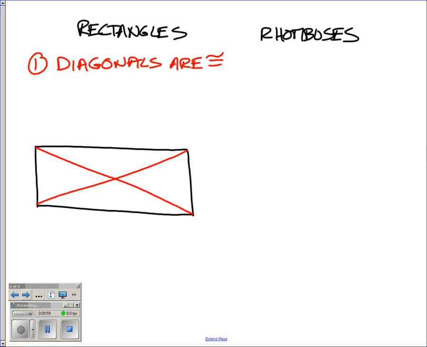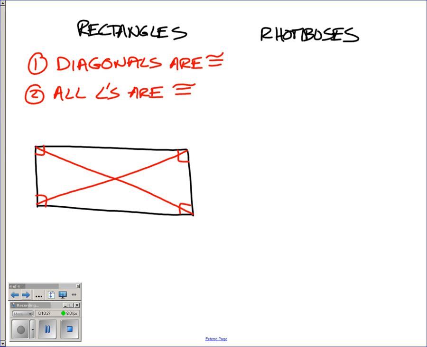We also know that all of the angles in a rectangle are congruent because they're all right angles. So all angles congruent. All right? So those are some special properties. They don't apply to all quadrilaterals or all parallelograms, but they do for rectangles.